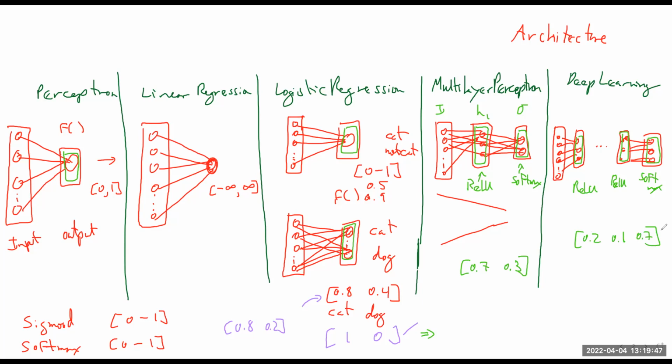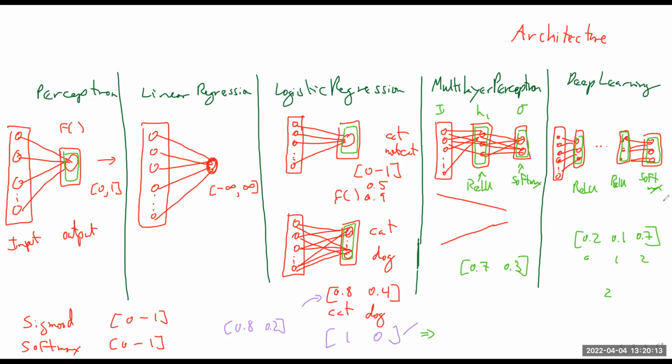And then you just pick the ID of the maximum value. Usually you use a function called argmax, which just returns the index of the highest value. In this case, it would return 2 for 0.7. Then you know it's class 2, and you look up what that class means. It could be bird in this case.